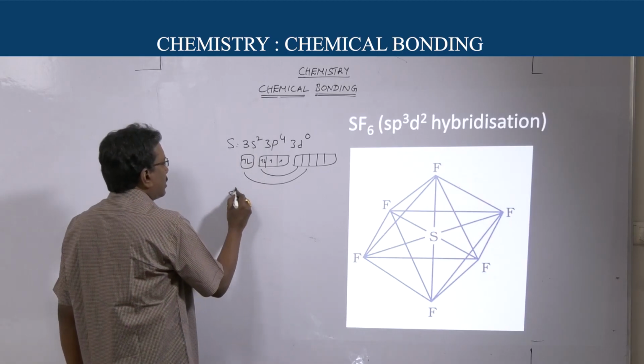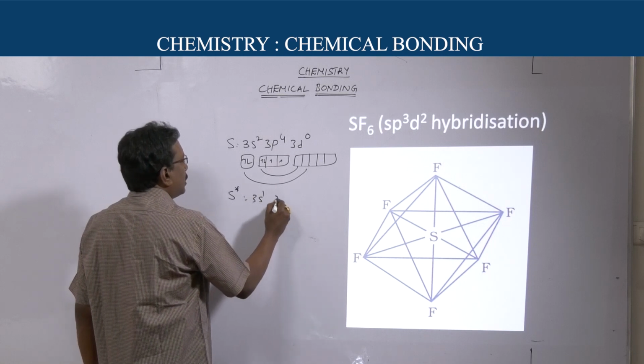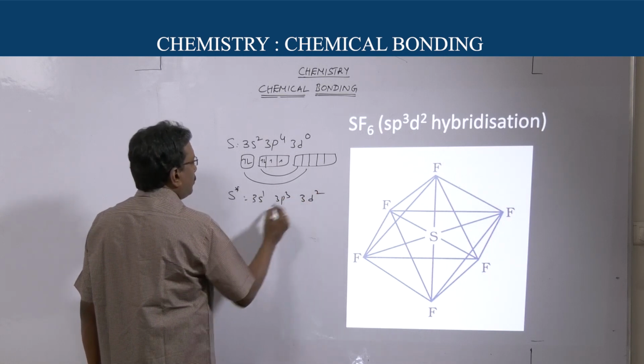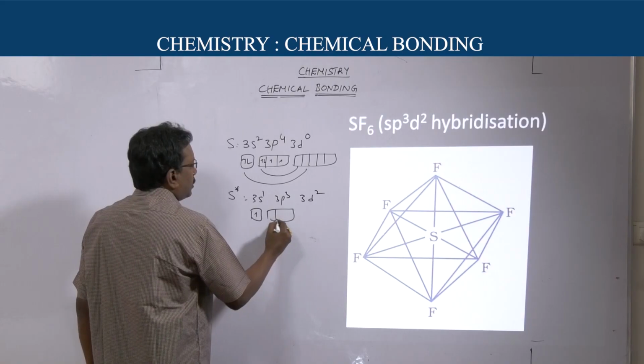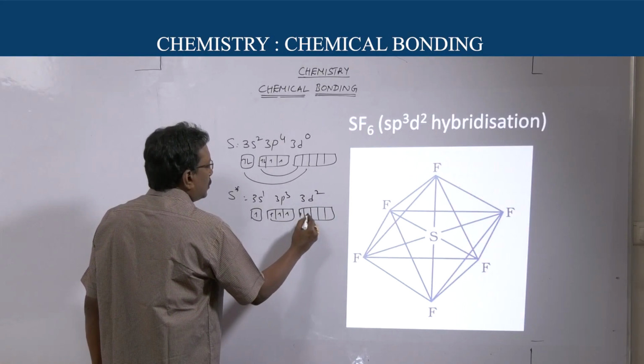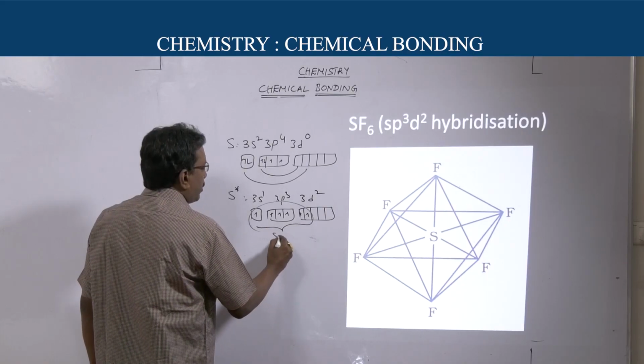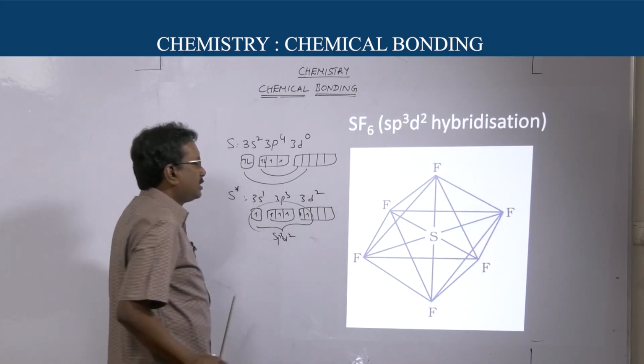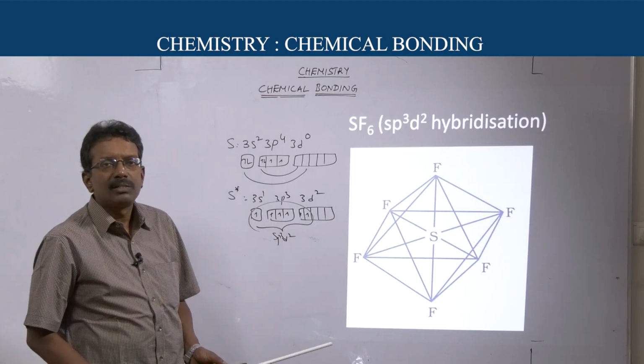That electronic configuration is 3s1, 3p3, 3d2. Now, sp3d2 hybridization. Now we are getting 6 sp3d2 hybrid orbitals.